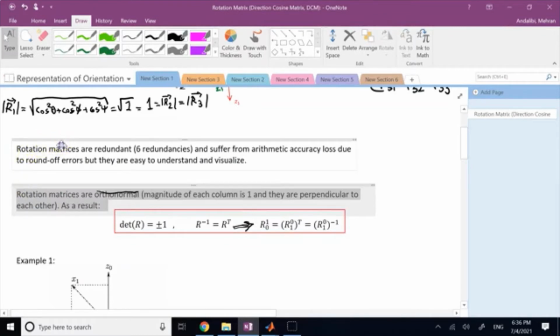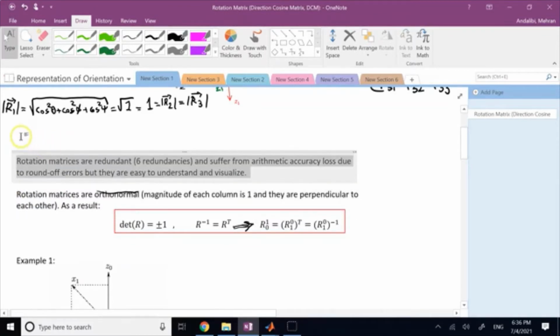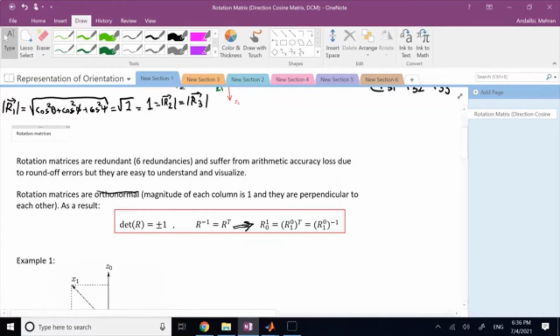Okay, so rotation matrices belong to SO3, and the product of two rotation matrices is another rotation matrix.